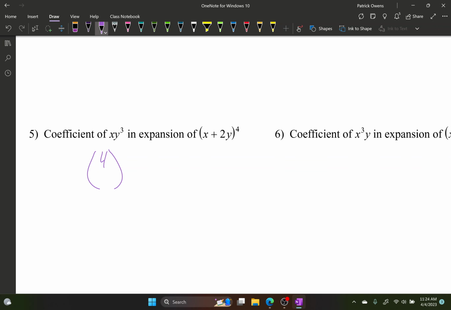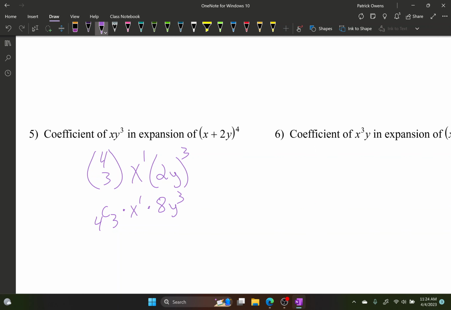We've got to set this up, 4c something, x to some power, and just like in the last problem when we did negative 3 to some exponent, we're going to do 2y to some exponent, the entire term, so the 2 is going to be raised to an exponent as well. So if it's the coefficient of x to the first y cubed, well, then we're doing that whole quantity, 2y cubed. So we've got 4c3 times x to the first times 8y cubed, because 2 cubed is 8.